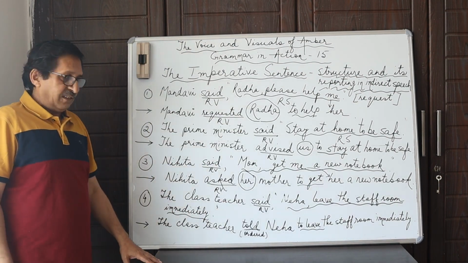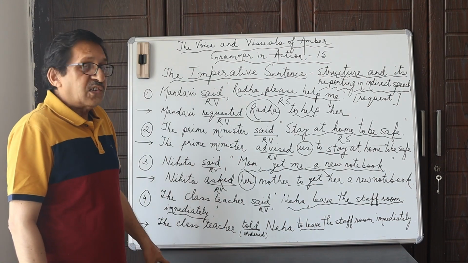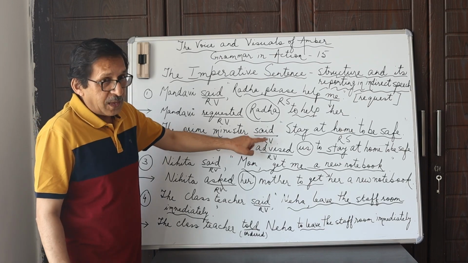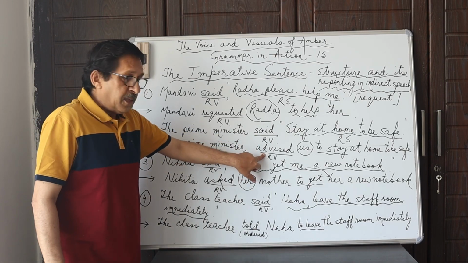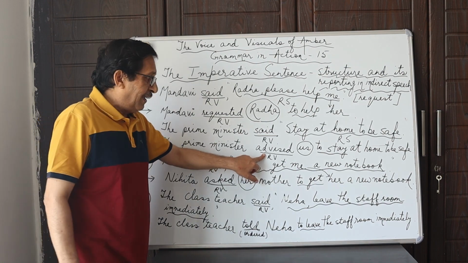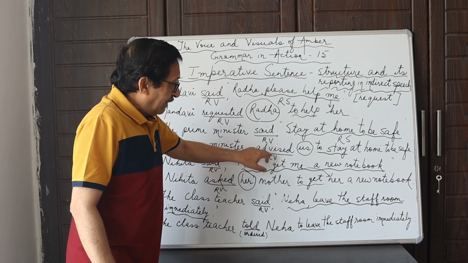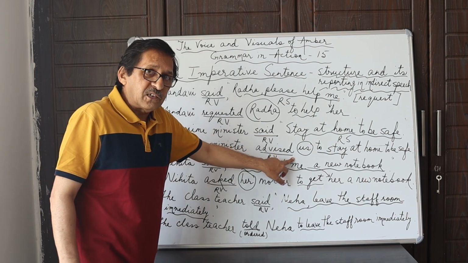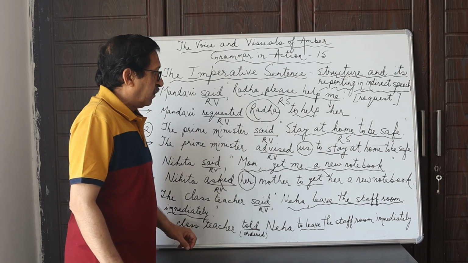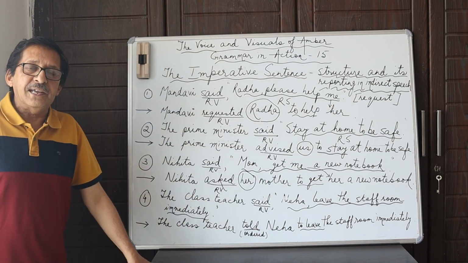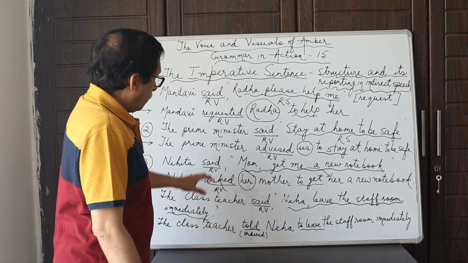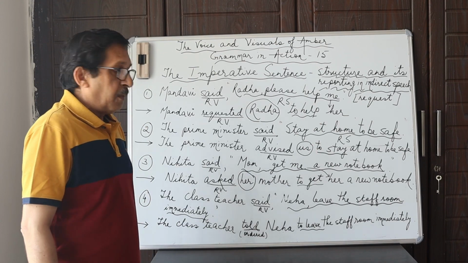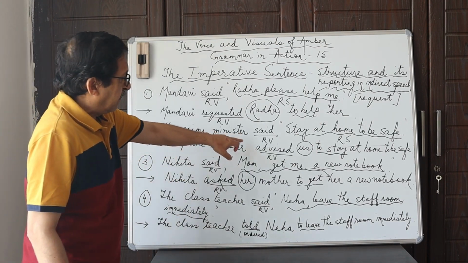Let's look at the second sentence. The Prime Minister said, stay at home to be safe. Now again, this is said, but when we are reporting in the indirect speech, the reporting verb will always be transitive. That means it has to be followed by the object, that is the person being spoken to. So when the Prime Minister made an announcement on TV or through his Mann Ki Baat on All India Radio, the Prime Minister advised.